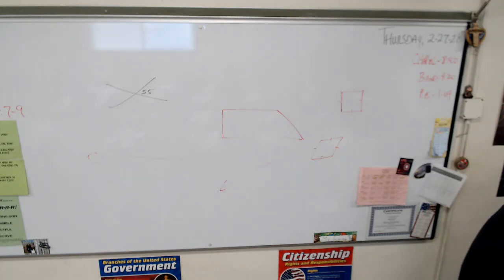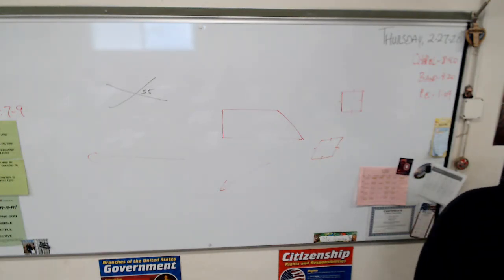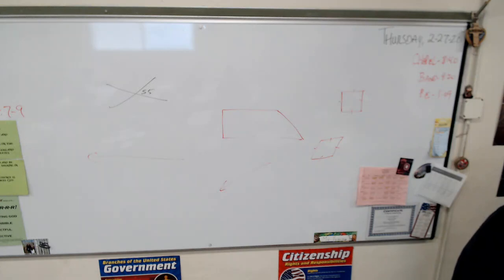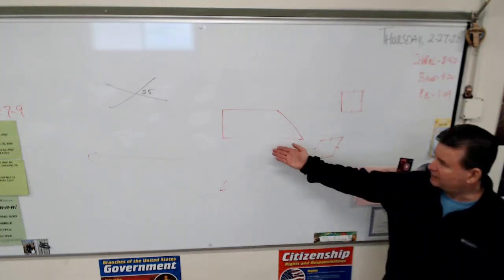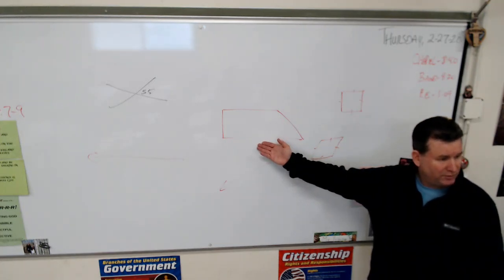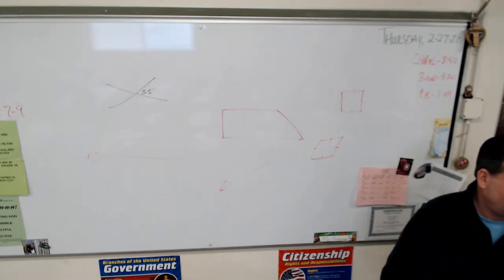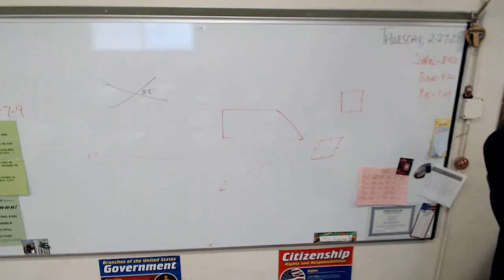Number 22. A quadrilateral is also a rectangle. Always, sometimes, or never. Dina. Not all quadrilaterals are rectangles. Sometimes. This isn't a rectangle.